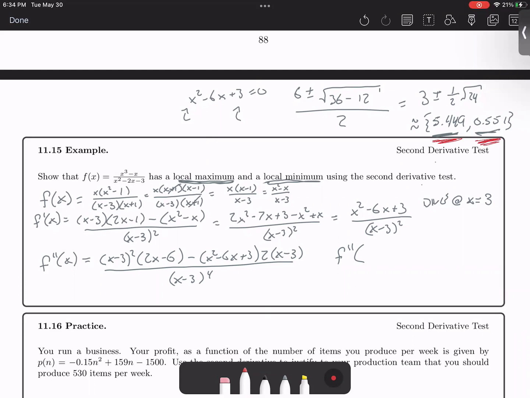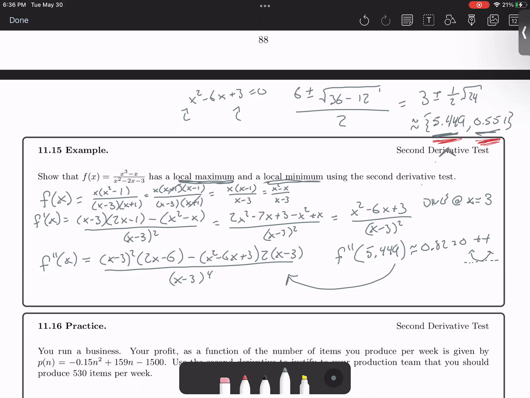So if we plug 5.449 into this second derivative, we're going to get something about 0.82. That's a positive number, so we're concave up. That means that we're going to have a local minimum there.